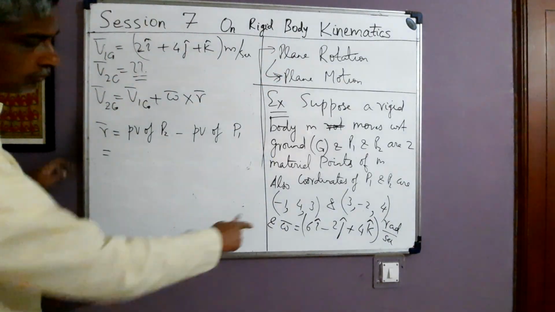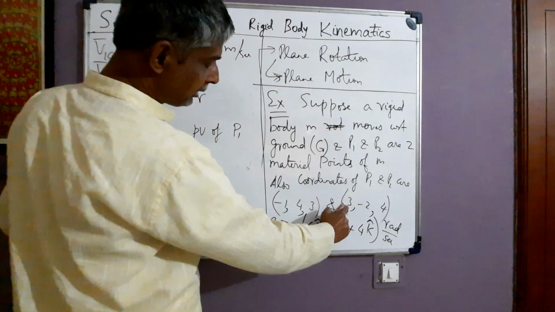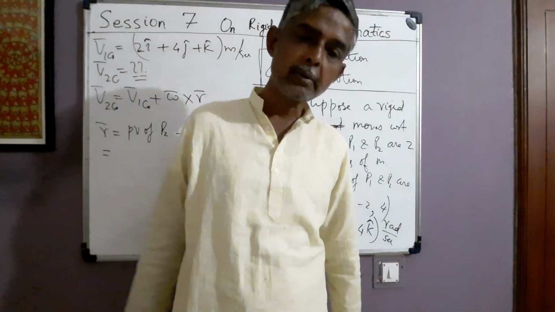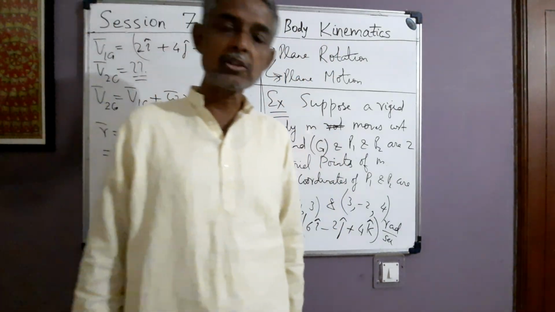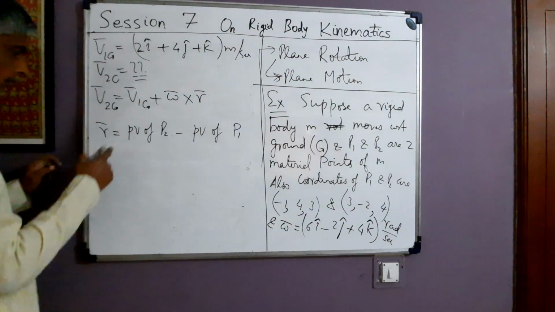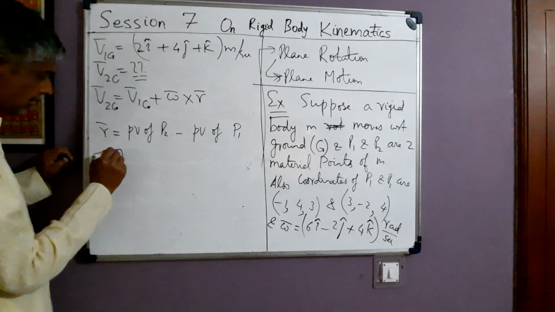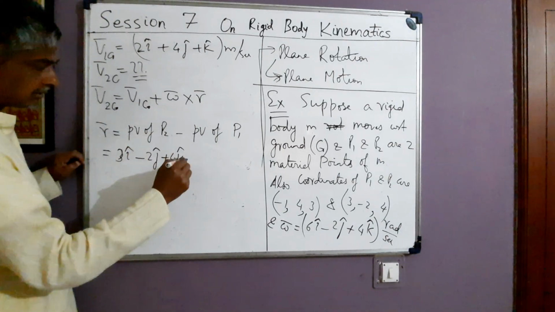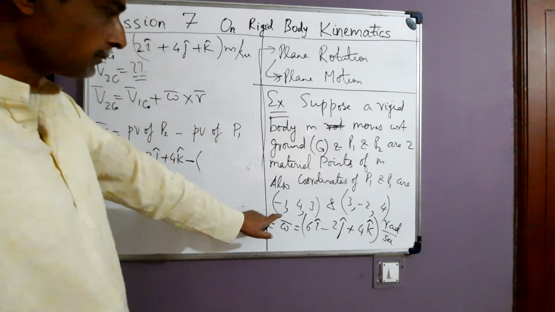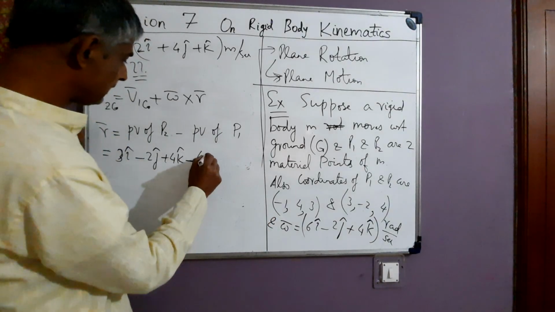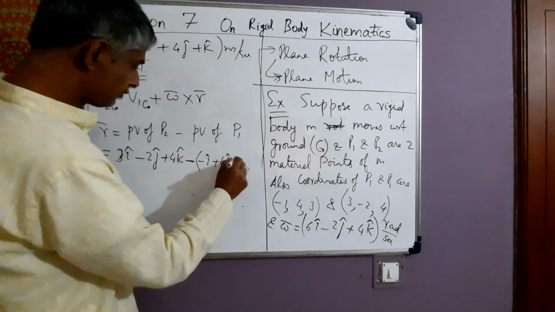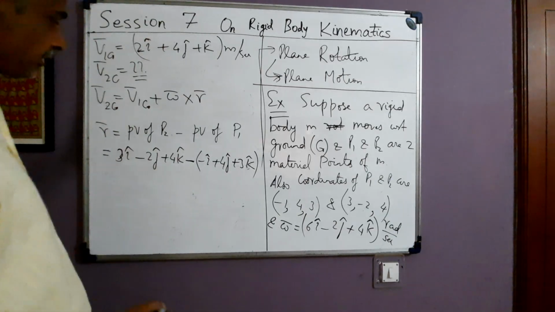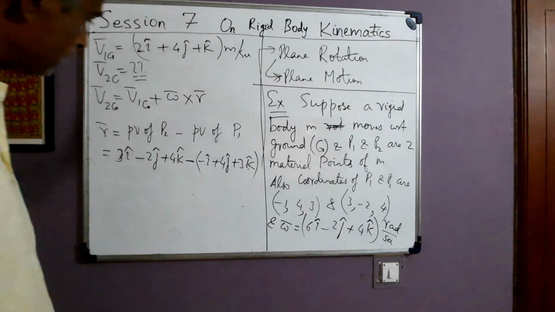So what is the position vector of P2? It will be 3i hat minus 2j hat plus 4k hat, because if the coordinates of point P are x, y, z, its position vector is x i plus y j plus z k hat. So r is 3i hat minus 2j hat plus 4k hat minus the position vector of P1, which is minus i hat plus 4j hat plus 3k hat.